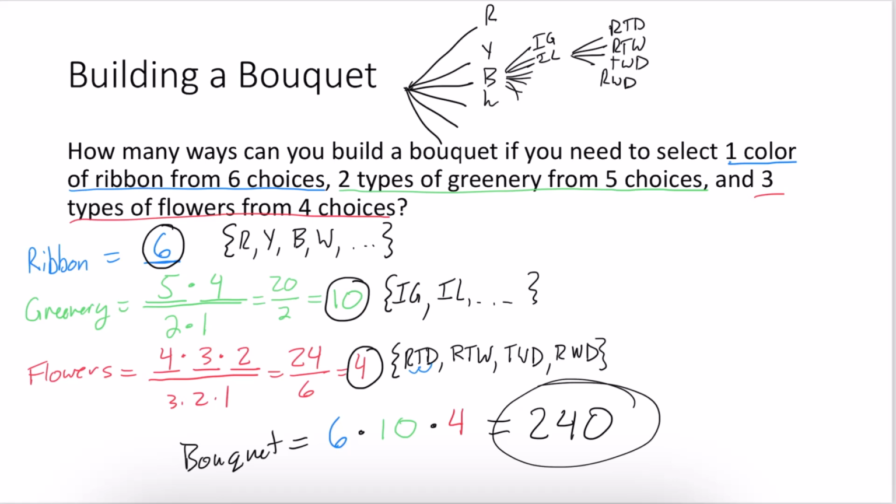And you don't have to divide by anything in this case, because basically these choices that you're making are from separate groups of things, like you're choosing from ribbon versus greenery versus flowers. The dividing only happens when you are choosing from the same group, and the things that you choose from the group are listed in different orders.